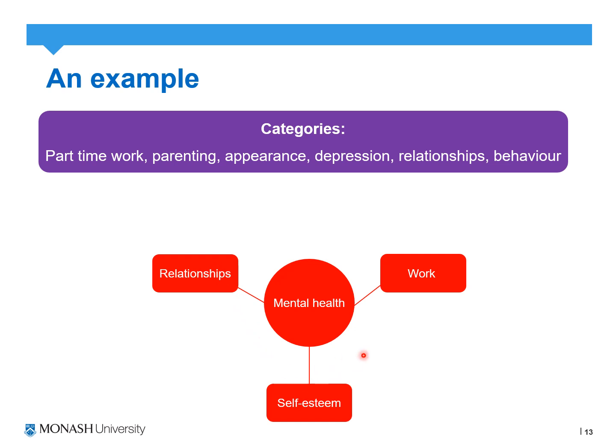relationships, and self-esteem. So when we go to discuss how does work influence mental health, we can then refer to these categories. In this case, it may be part-time work, maybe the pressure on parenting that part-time work has, and then hopefully you can see the interplay that work has with relationships on mental health. Or self-esteem has upon relationships, which then in turn impacts upon mental health.